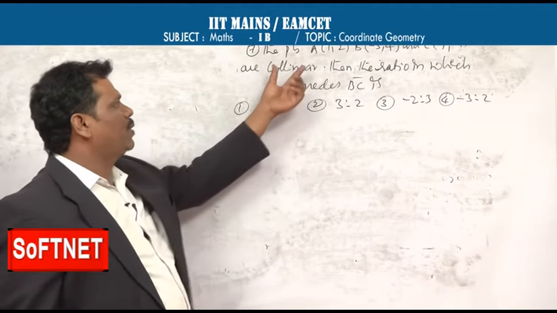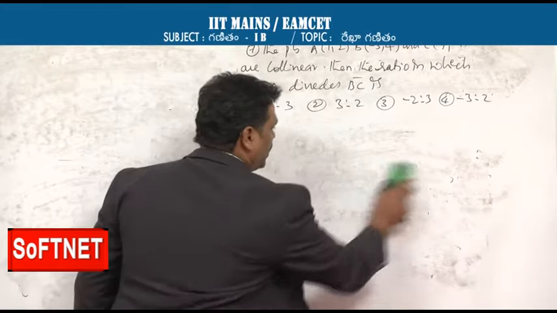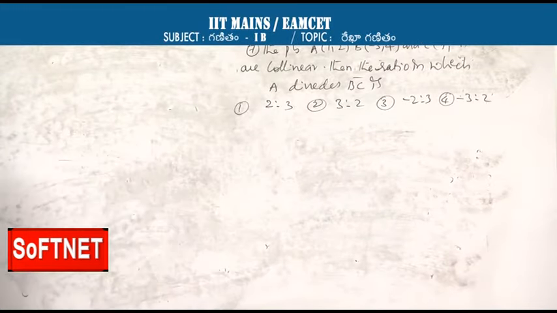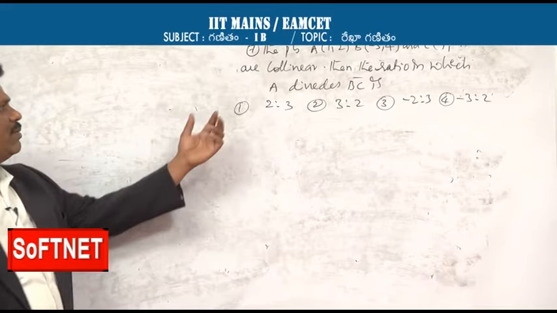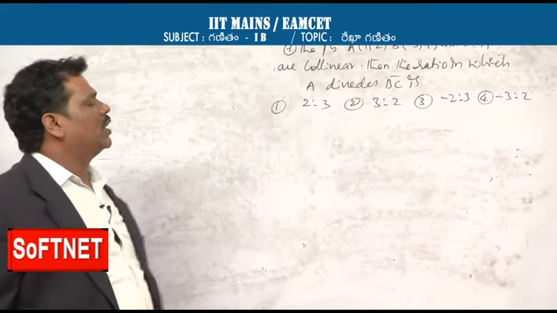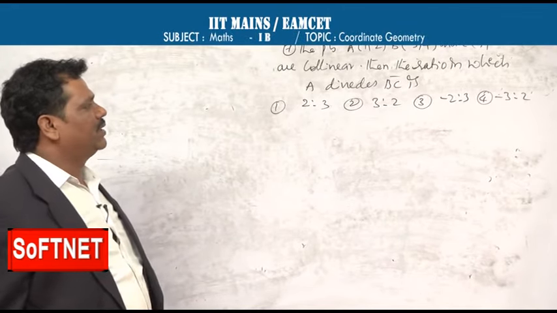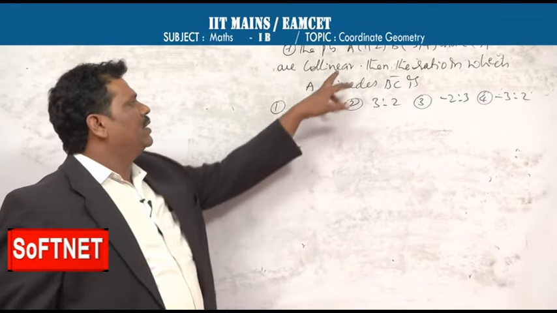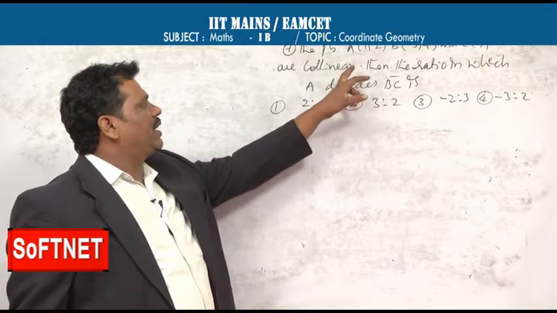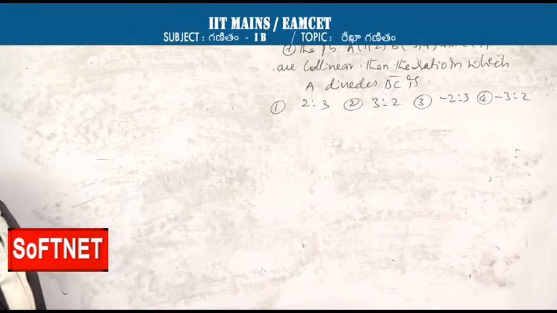So the given points are collinear. What is the condition here? Collinear: the first is area of the triangle equal to 0, the second is sum of any two distances equal to the other distance, and the third is slope of AB equal to slope of BC. Here we have to find the ratio, so the second condition is better; we have to find the distances AB, BC, CA.